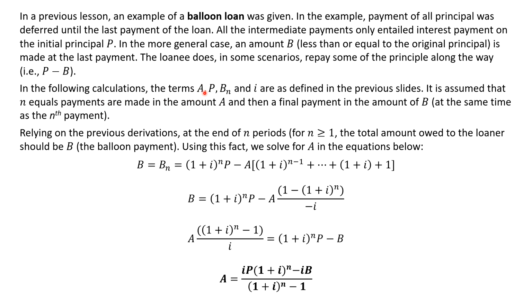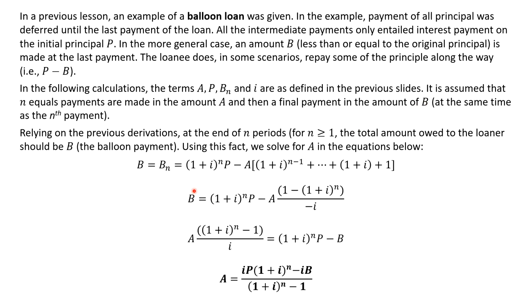So we have our variables as we've defined them before: A, P, the principal, B sub n, the balance at the end of step N, I, the interest rate per period, and as I said, B is the balloon, the amount of principal that you pay at the very end, which could either be zero or all of P. If it's zero, it just reverts back to the formulas we have for the car loan and mortgages.